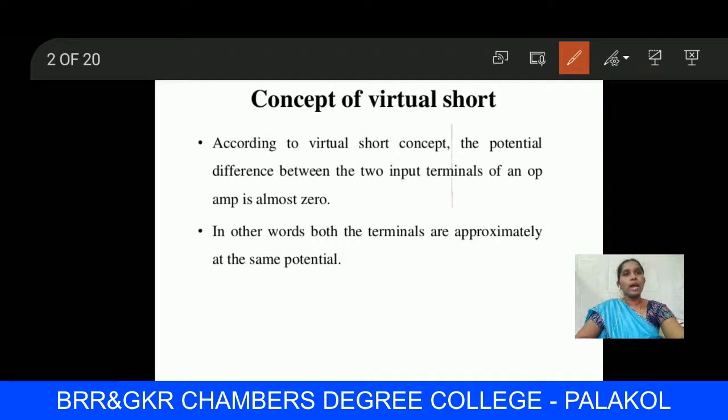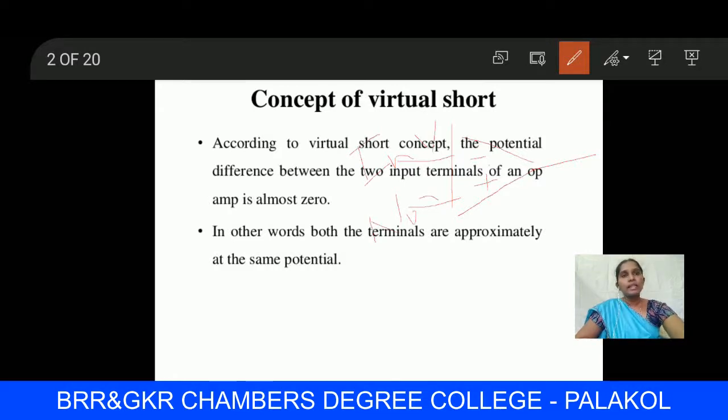You already know this concept, I already explained it in the last video. Here this is an operational amplifier. An operational amplifier has two input terminals and one output terminal. Here one input terminal is minus, which means it is the inverting terminal, and the other is plus, which means it is the non-inverting terminal.